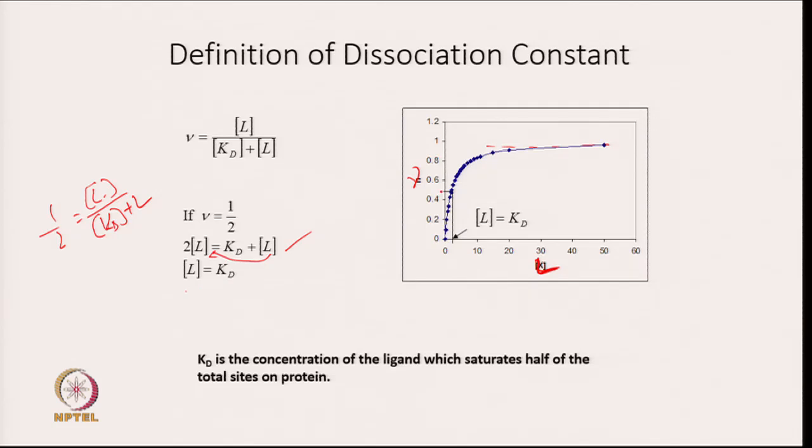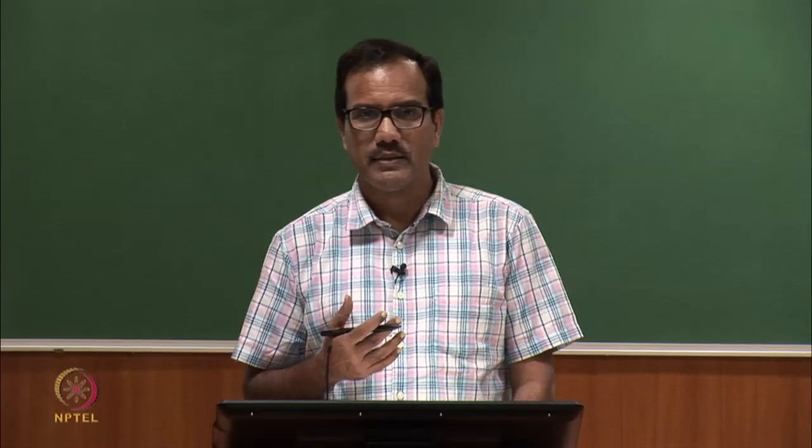K D is equal to ligand concentration when the fraction of bound protein is 0.5. And so, K D is the concentration of ligand which saturates half of the total sites on protein.